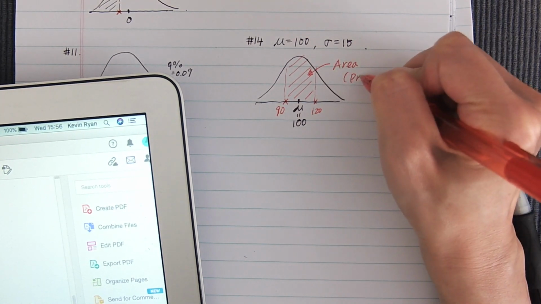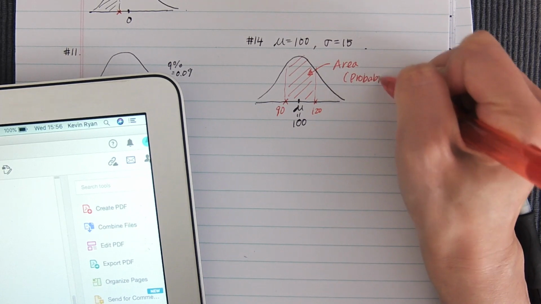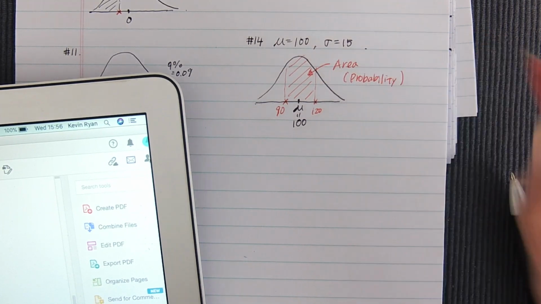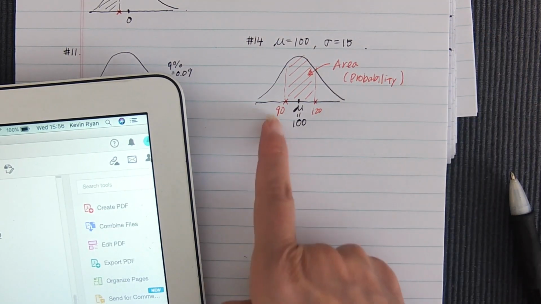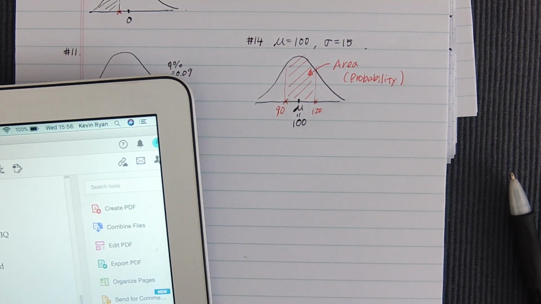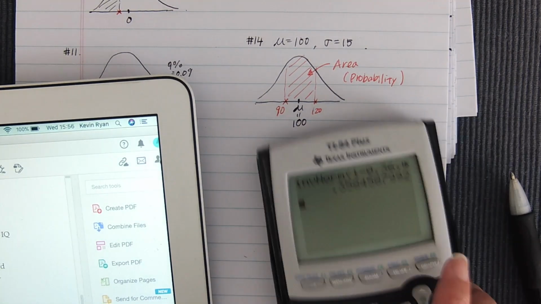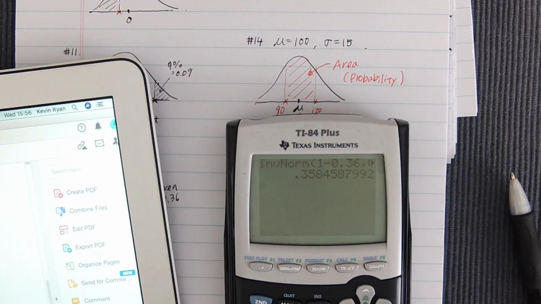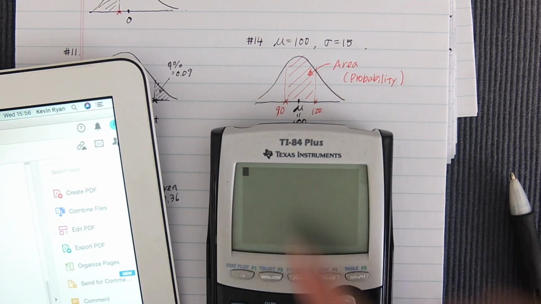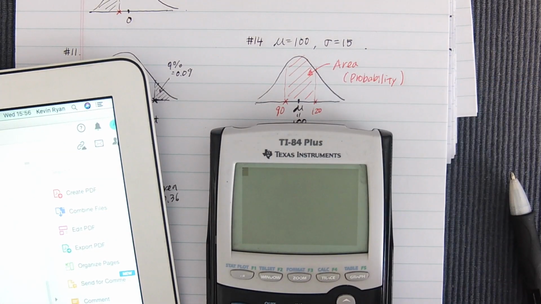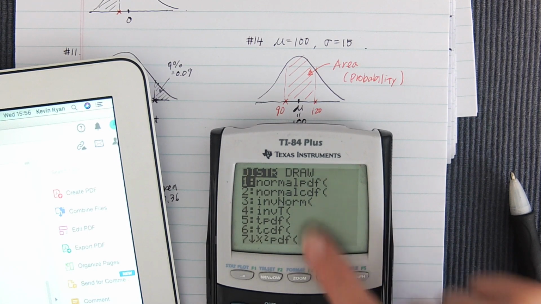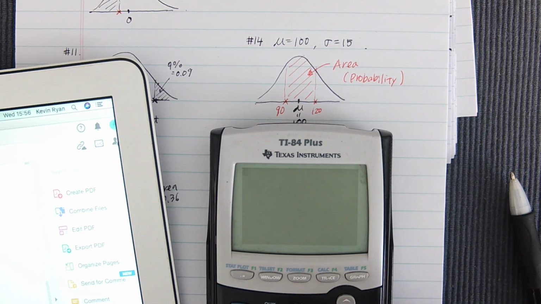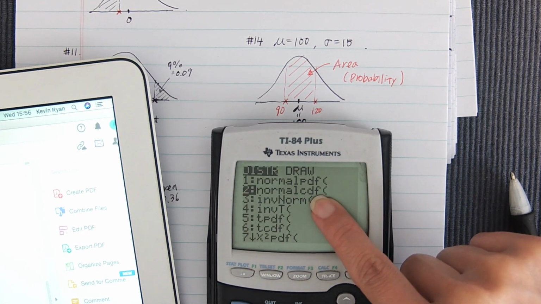So how do you find that area? How do you use a calculator again? If we are looking for the area, it's a normal CDF, right? Normal CDF.